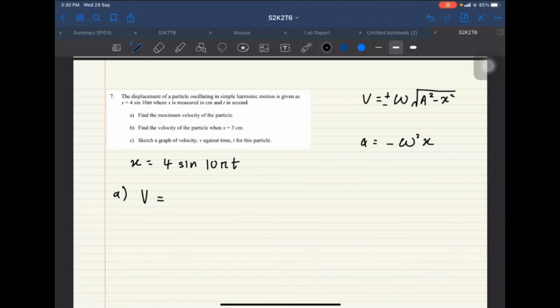So jadi apa? 4 tu berubah ke tak? 4 tak berubah. Sin jadi apa? Jadi cos. Yang omega t tu tak berubah. Lepas tu ada darab apa-apa tak? Angular kan? Yes, darab dengan omega tu. Okay, so dia jadi V sama dengan 40 pi cos.